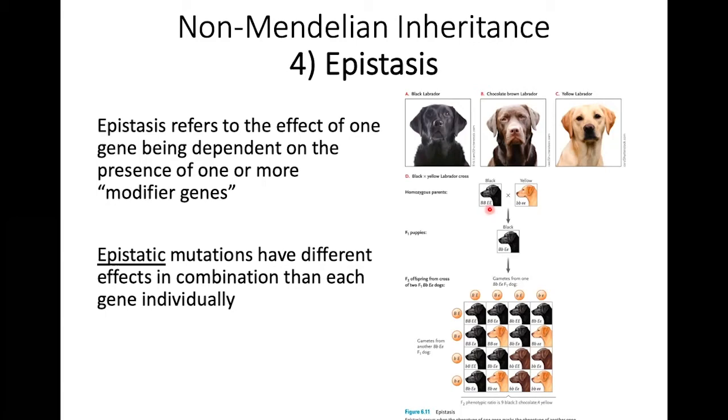In this example of epistasis, the modifier gene, identified by the letter E, dictates whether or not the B genotype for fur color is going to be expressed. So we're looking at 2 genotypes here. We have the genotype for fur pigment, and we have the other genotype, which is the modifier. And the alleles for fur pigment are either uppercase B or lowercase b.